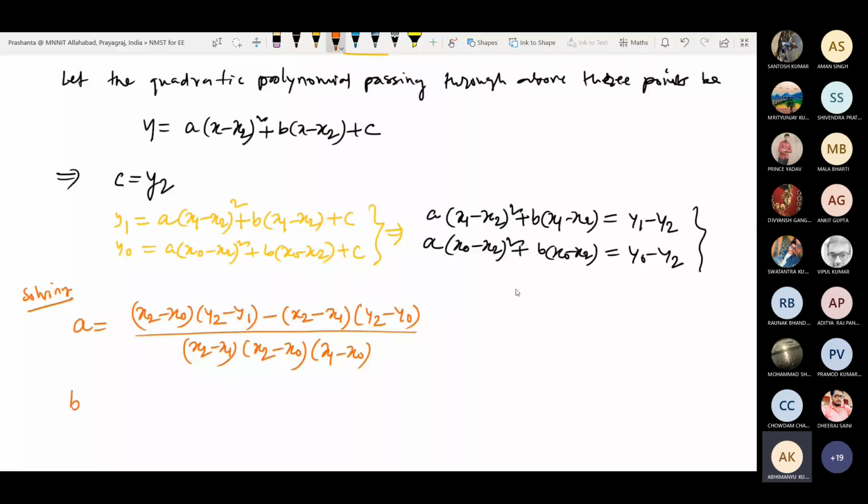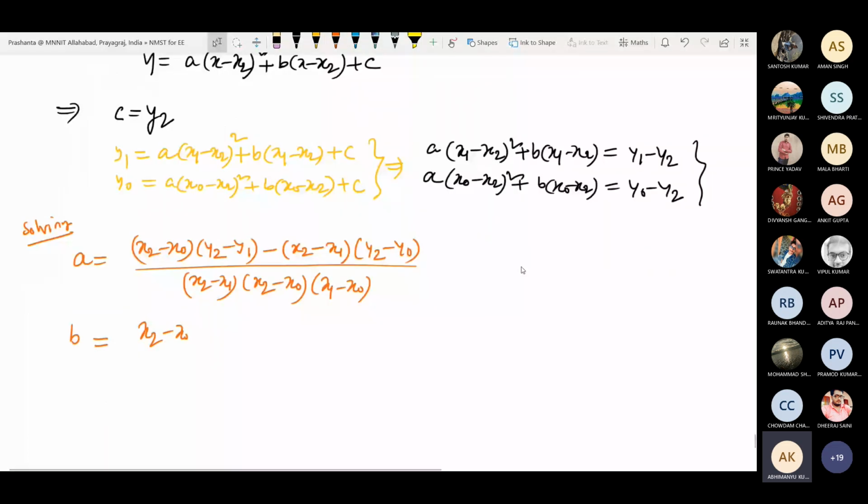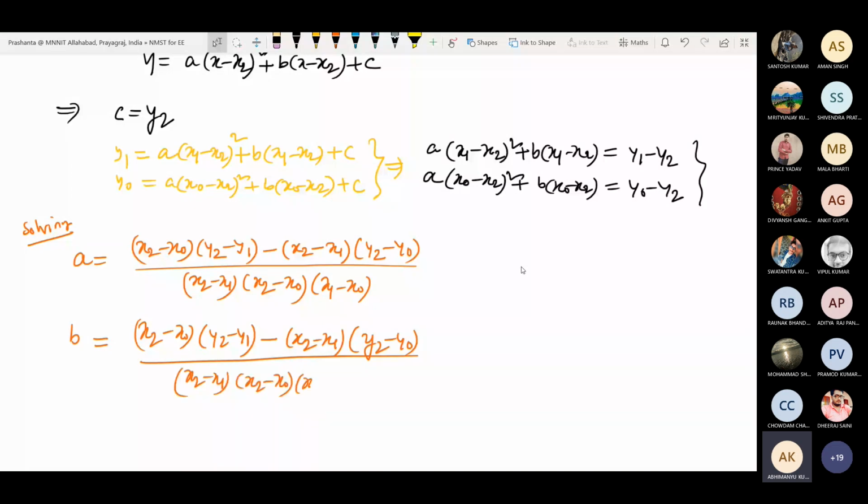And B will be almost similar to A. So first let me write down B as A and then I will modify it, and I'll tell you where the modification will be. So x2 minus x0, y2 minus y1, minus x2 minus x1, y2 minus y0, by x2 minus x1, x2 minus x0, x1 minus x0, and the difference will be here and here.